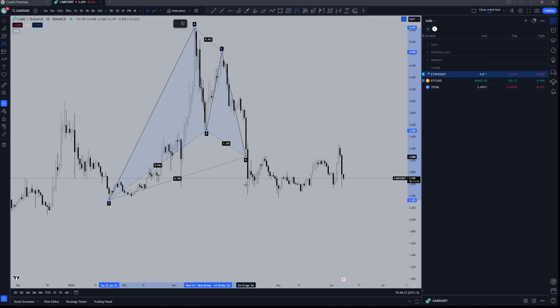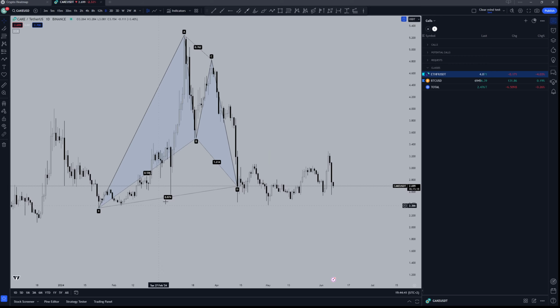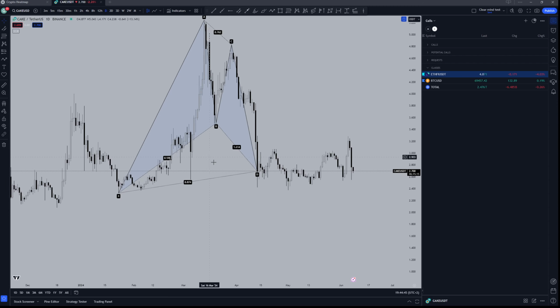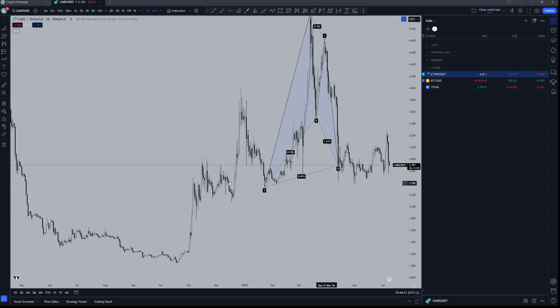We would have one right here. So we would have a 618 to the 886. These are both valid. So this would be a deep Gartley, which is essentially a Gartley but with an 886 bottom.